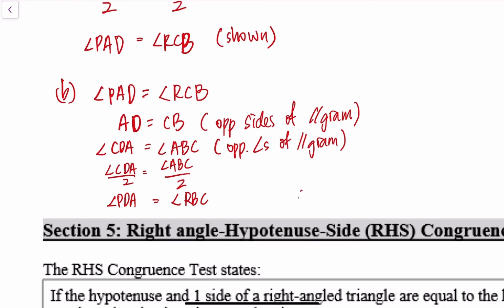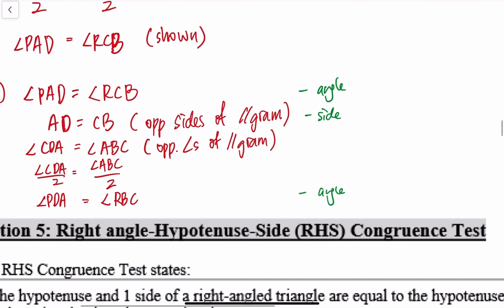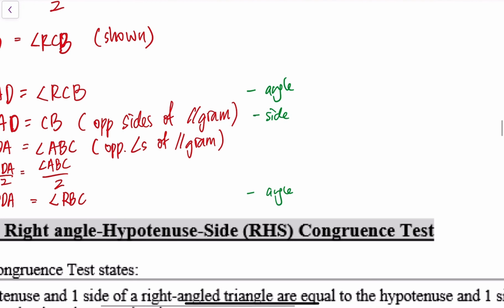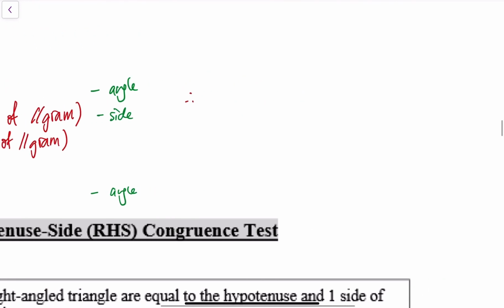So therefore, I have angle, side, and angle. So what proof do I use? It's either ASA or AAS, whichever you write also can, because hopefully you still remember from the previous lesson that they are the same thing.